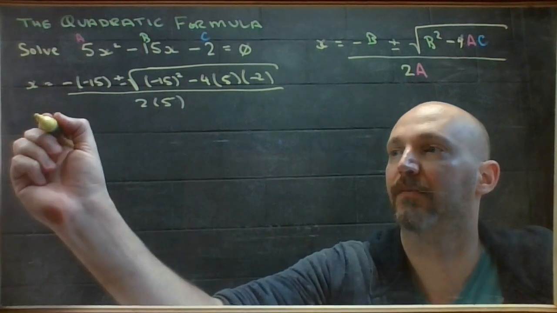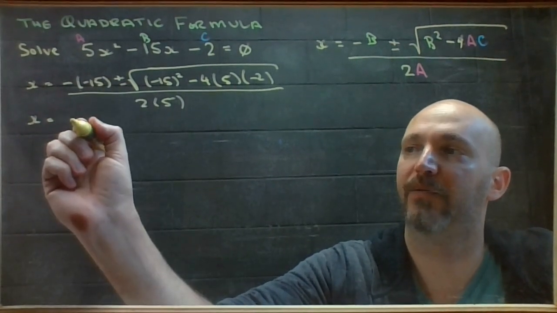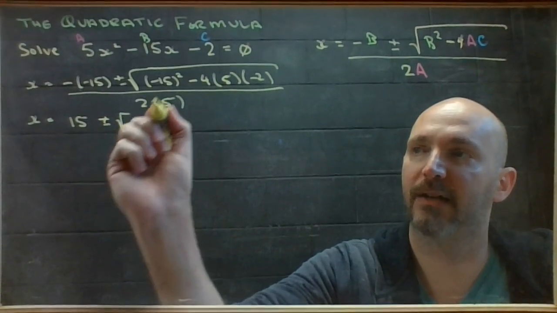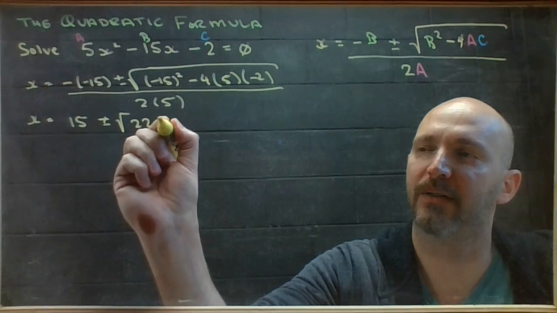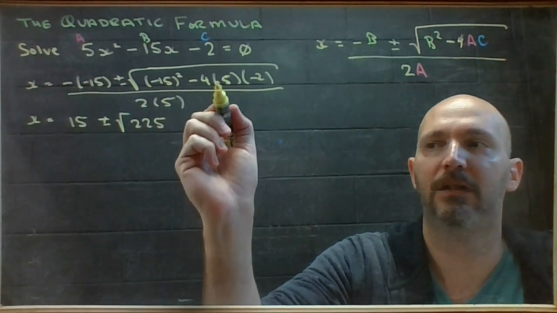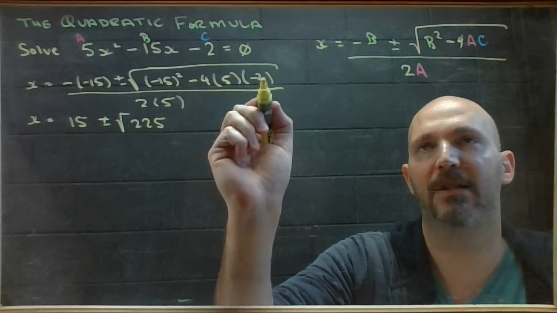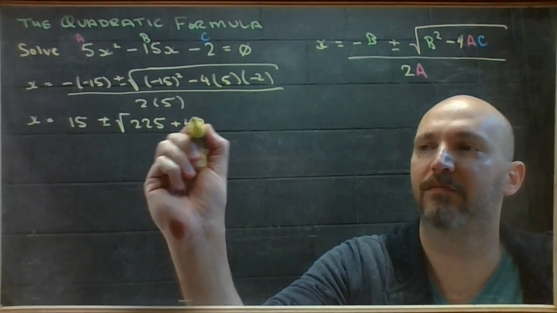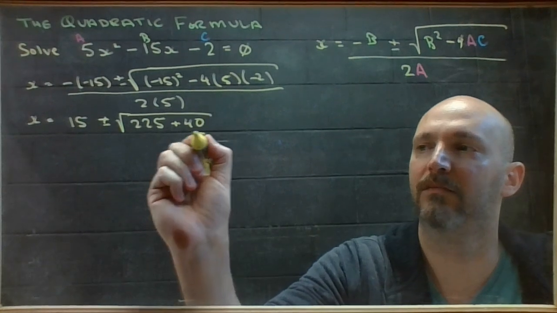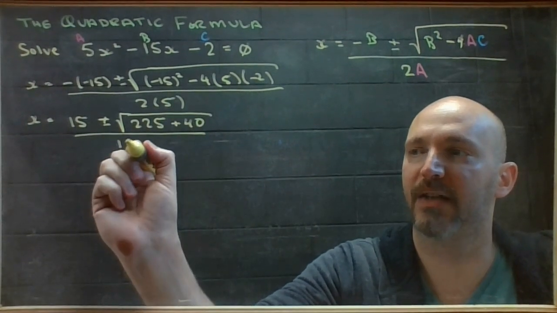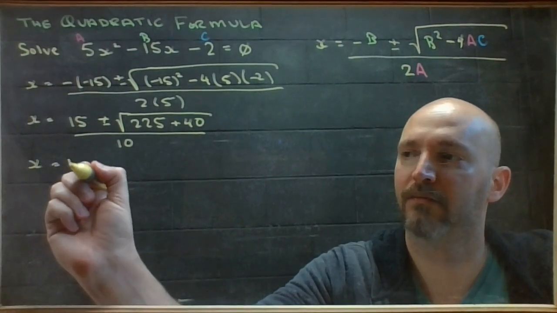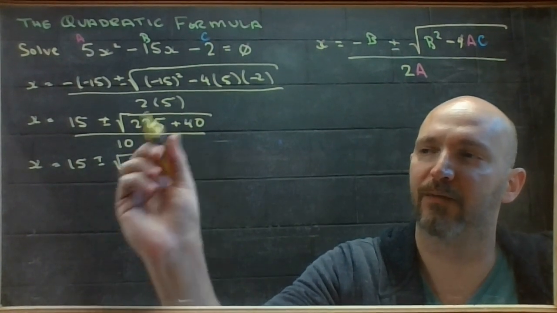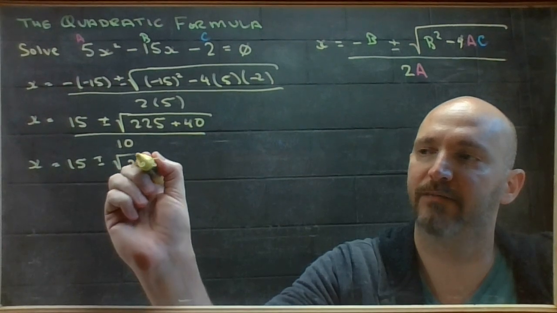Okay, so off we go. -15, positive 15, plus or minus 15 squared is 225. 4 times 5 is 20. 20 times 2 is 40, and a negative times a negative is positive. 2 times 5 is 10. 225 and 40 is 265.